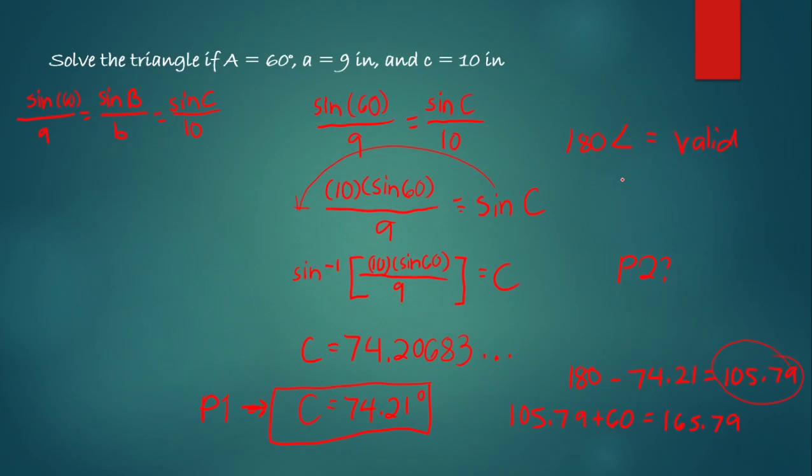But if it is greater than or equal to 180, then it will become invalid. So since 165.79 is less than 180, then it is valid. And 105.79 is possibility number 2.